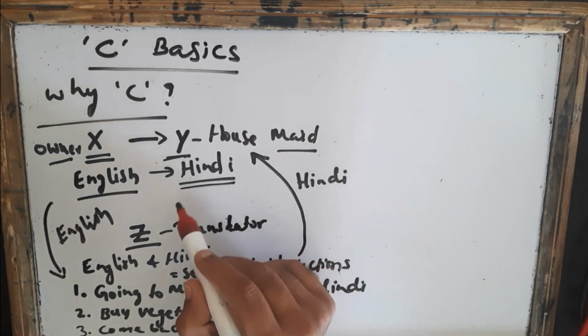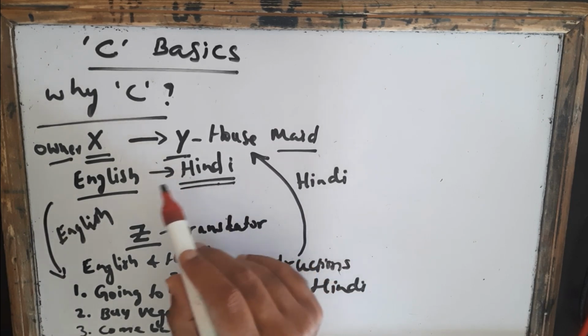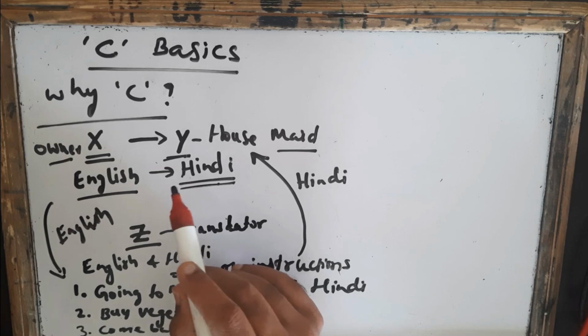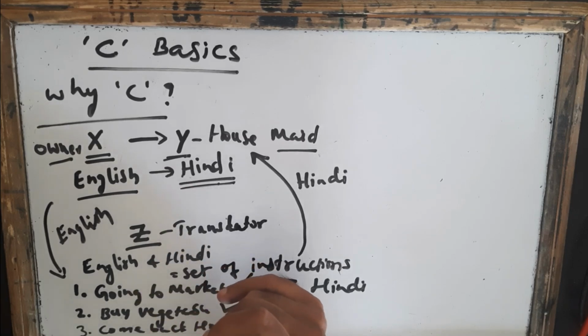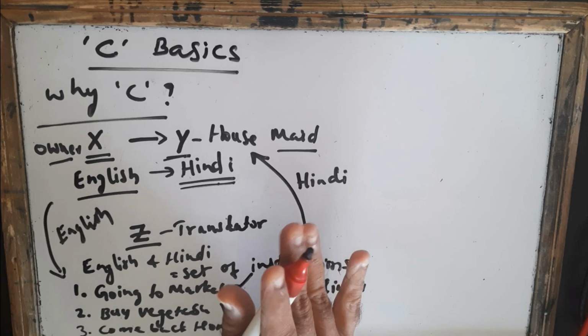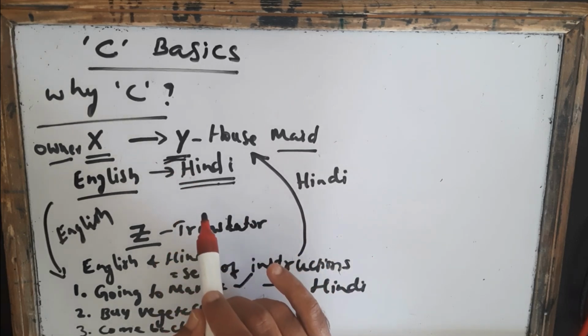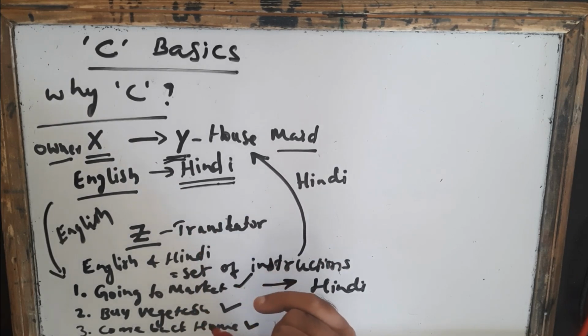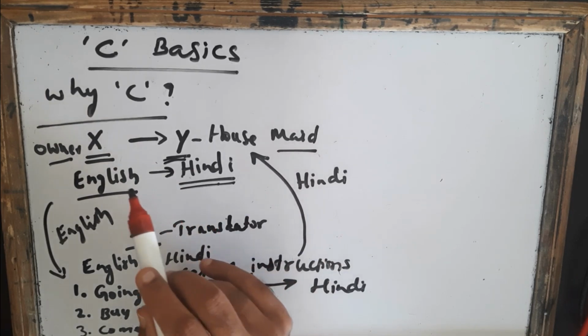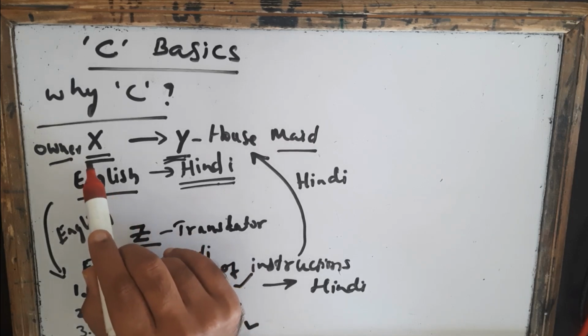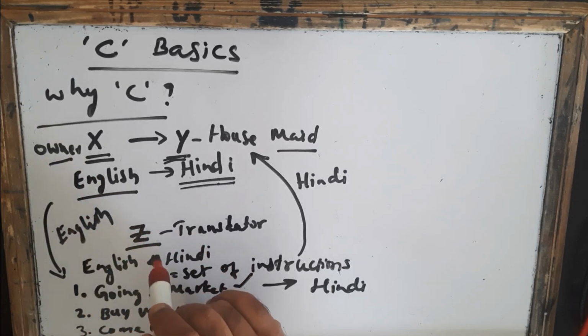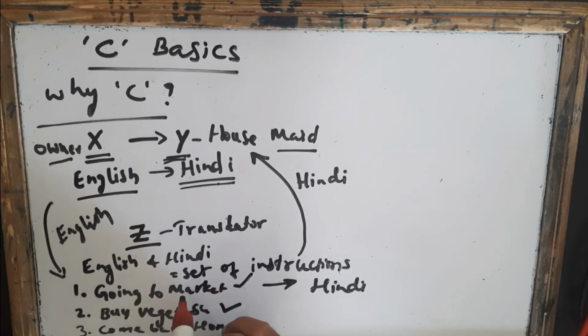He just follows the instructions. He doesn't know anything about English, and he doesn't know anything about the market or what has to be done. He just follows the instructions and gets the work done. At the end of the day, Y is able to complete all the instructions set by X using a translator Z.